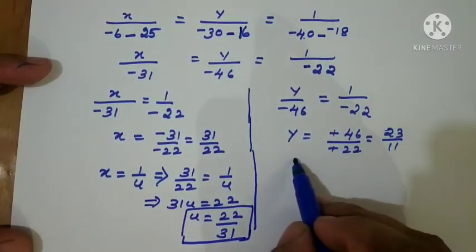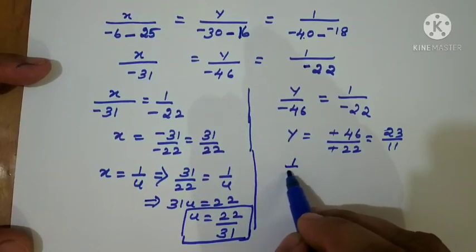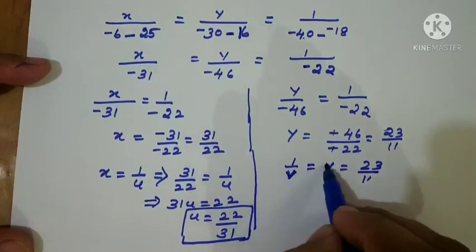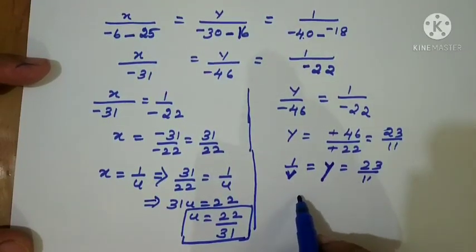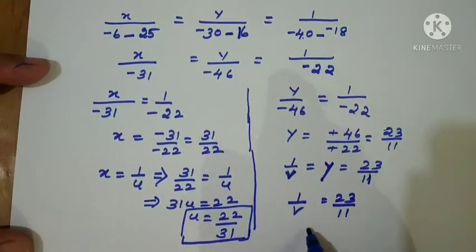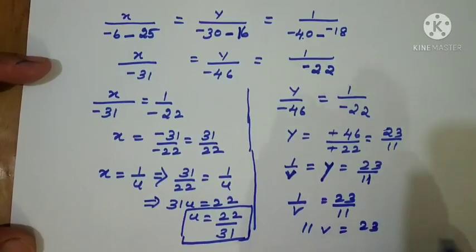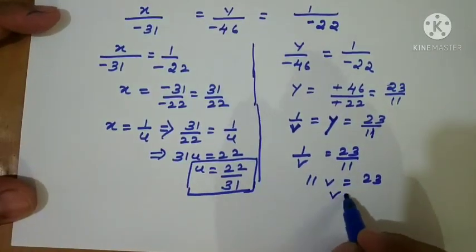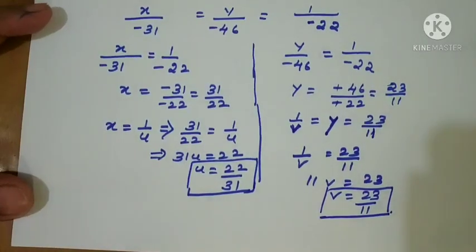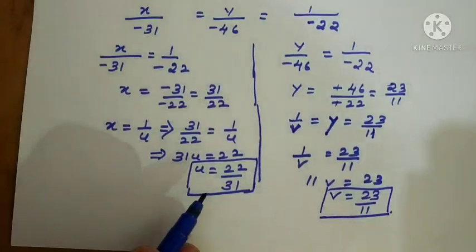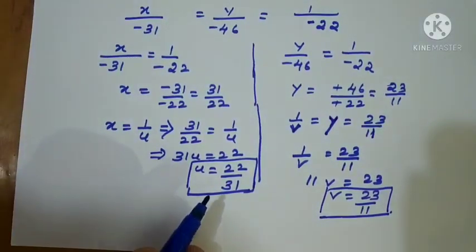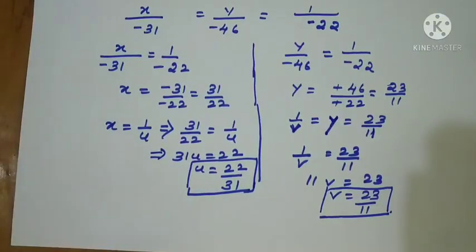What is y for us? 1 by v equal to y. That means 1 by v equal to 23 by 11, or 23v equal to 11. What is v now? 11 by 23. So we got the two answers. u equal to 22 by 31 and v equal to 11 by 23.